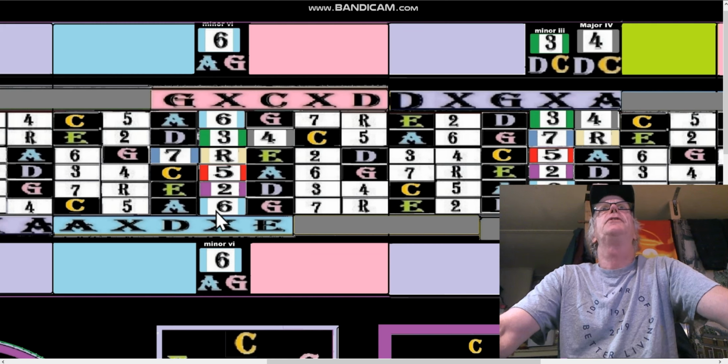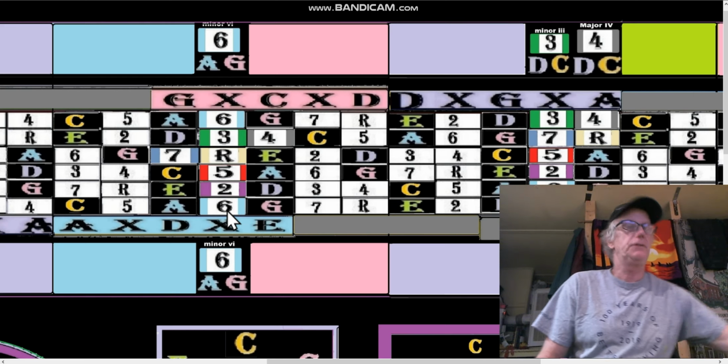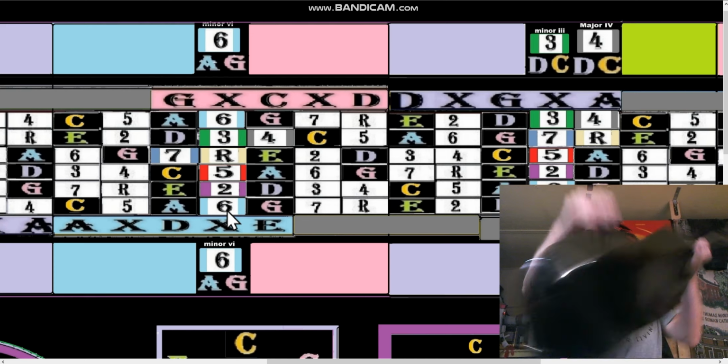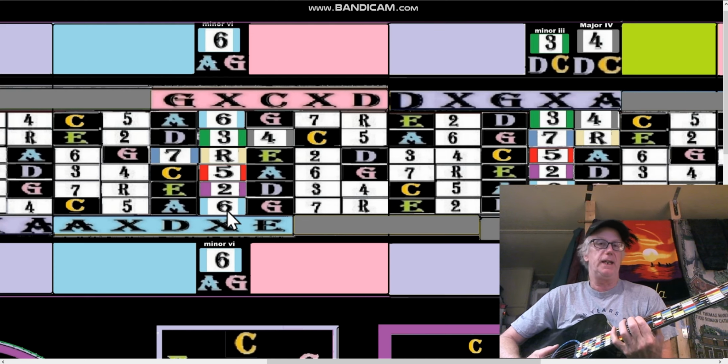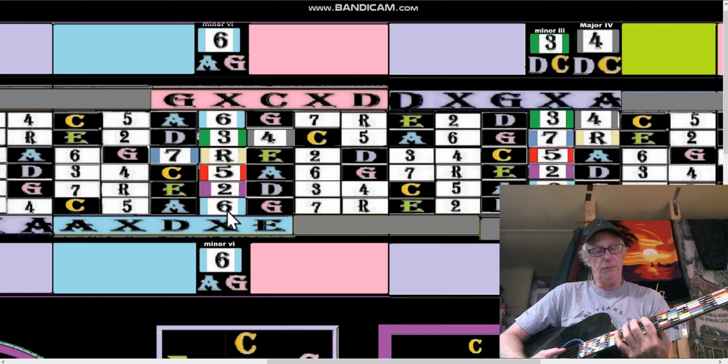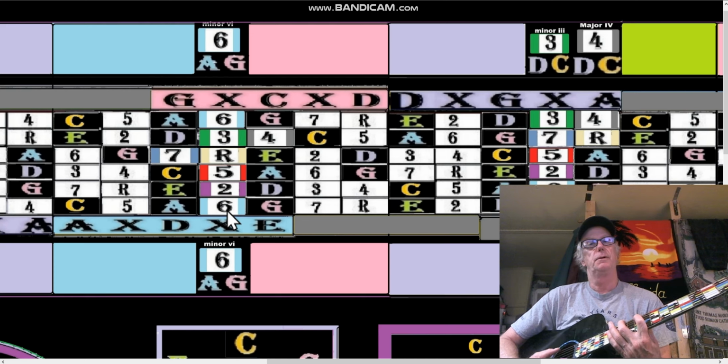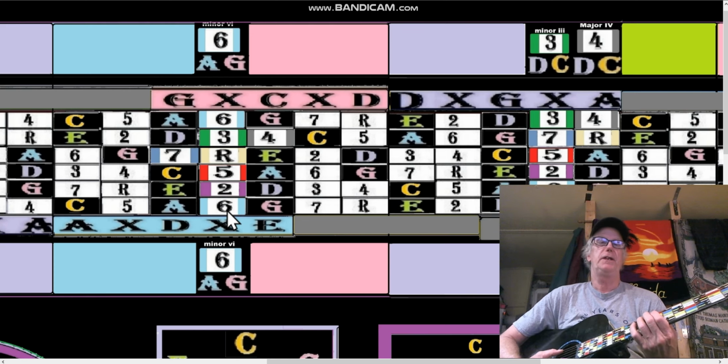They share the 6. That's important, because it means if someone's playing in, like, A minor, what you want to do is you play this A here, and to the right of it you've got the G shape, which is 6, 7 root, and to the left of it you have the A shape, which is 6, 5. Now you're not stuck there.